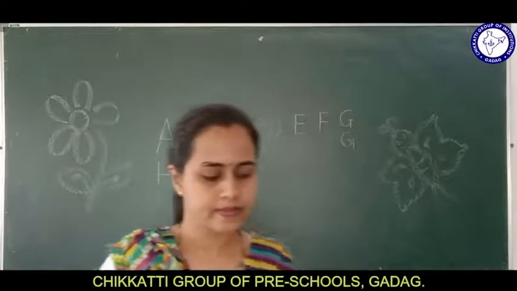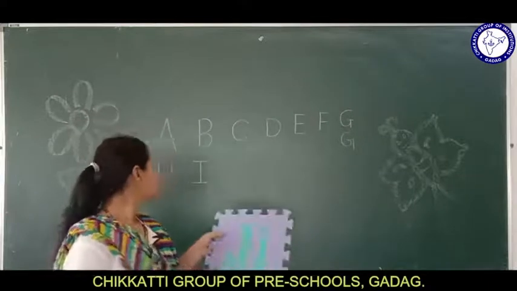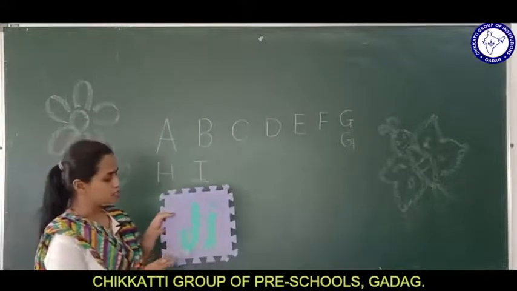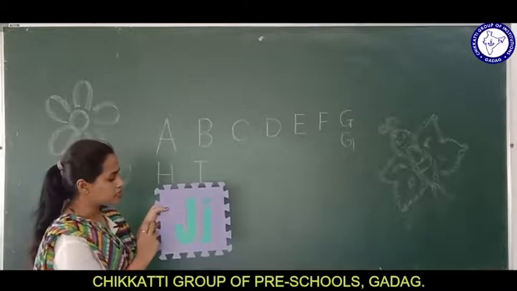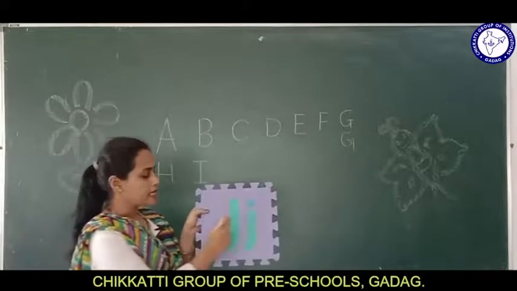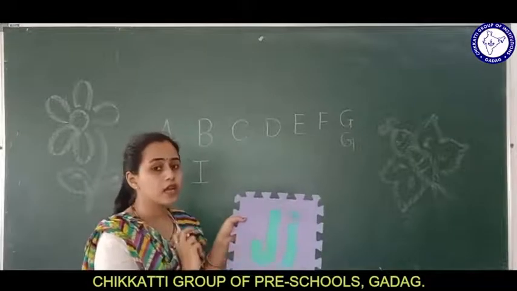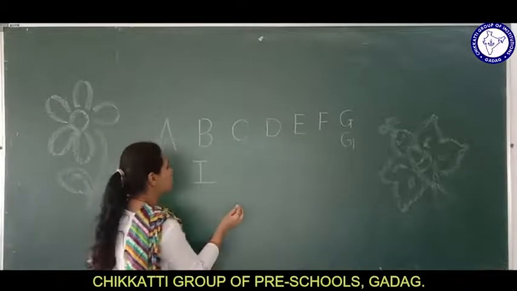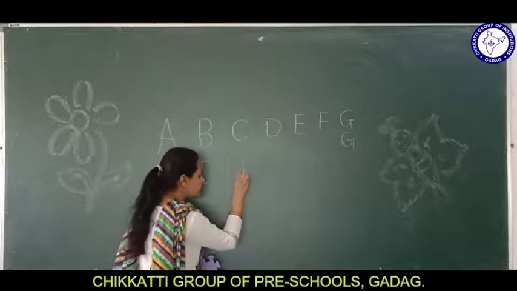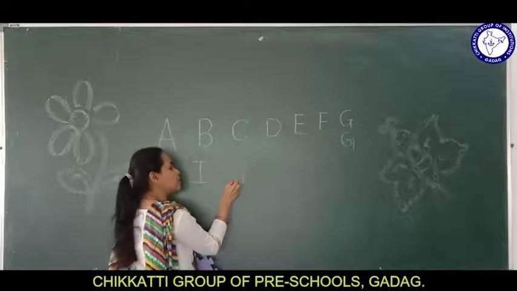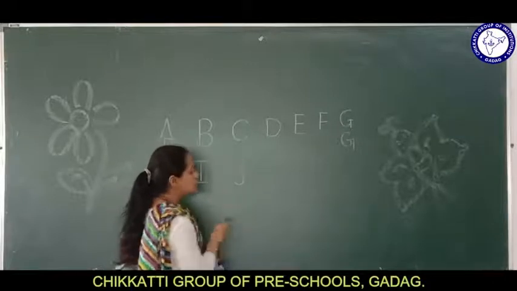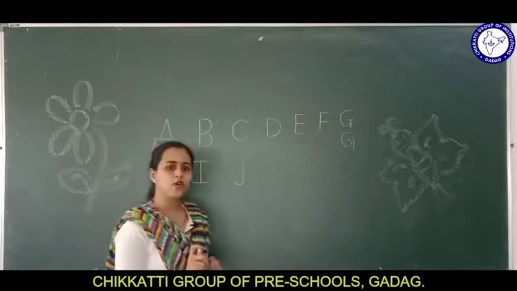J. What is this? J. So how do you write J? Standing line, and again from there you have to take a curve, right? Then it looks like a kolo, right?